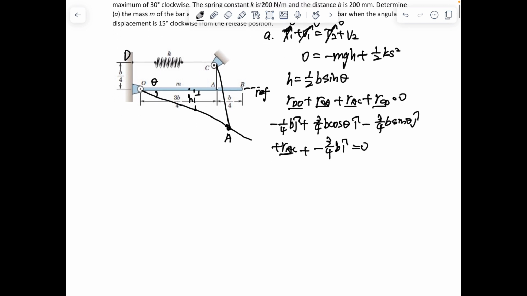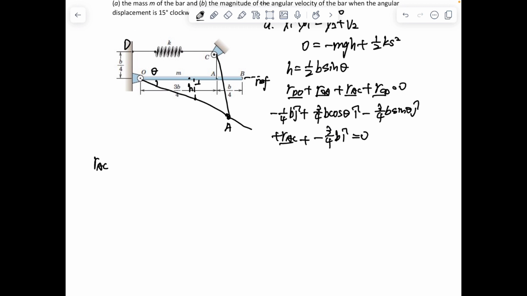Then we have RAC is equal to B times 3 over 4 minus 3 over 4 cosine theta I plus B times 1 over 4 plus 3 over 4 sine theta J.